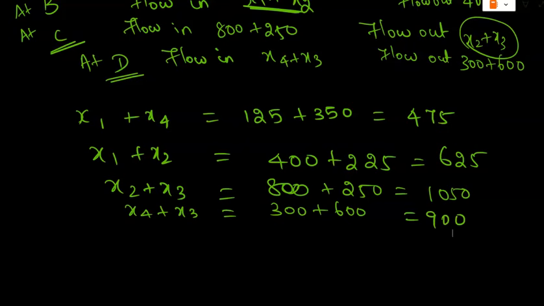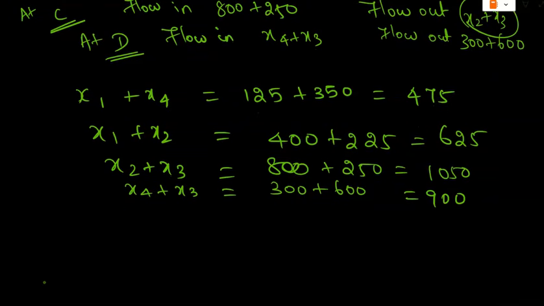So let me rewrite these equations, and we are going to enter them in an augmented matrix. We already know how to write an augmented matrix because we have done Gauss elimination and all those things. Your first equation is x1 plus x4 is equal to 475, which means the x1 coefficient is 1, and x2 and x3 are not there.